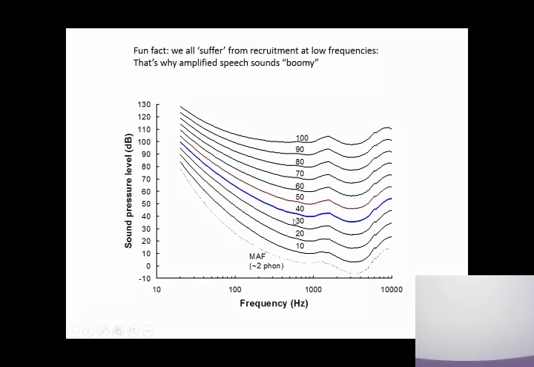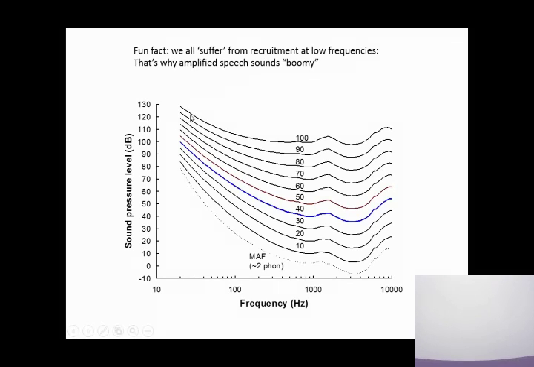If you have quiet sound on, say, a CD player or a car radio, and you increase linearly the volume, which is what an amplifier does, imagine what will happen to this 40 phone curve. If you push that upwards, at low amplitudes you go above the level of this 100 phone curve.